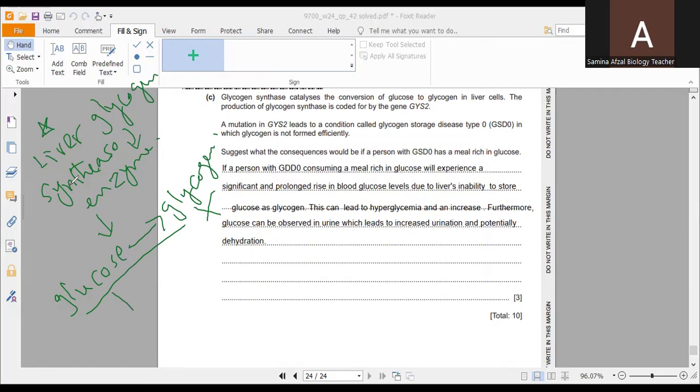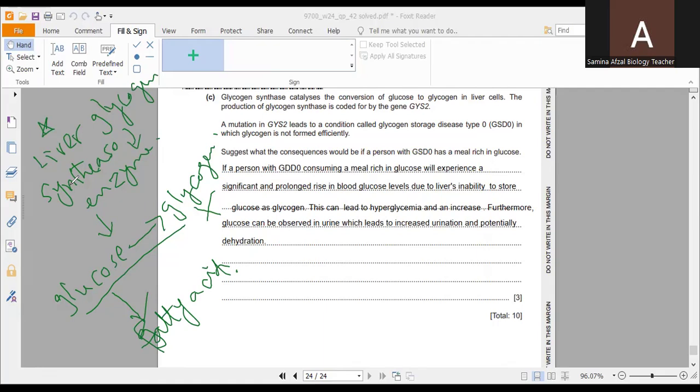So this glucose can be changed by the body into fatty acids instead of glycogen. If it is changing into fatty acids, then over time there will be high levels of lipids in the body.